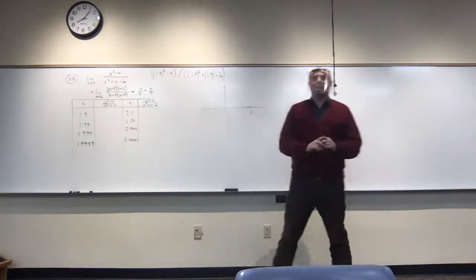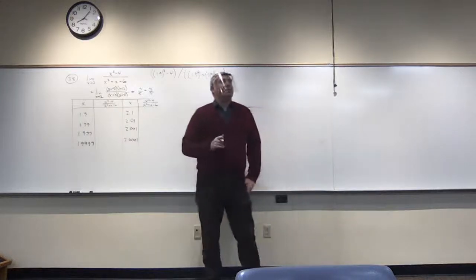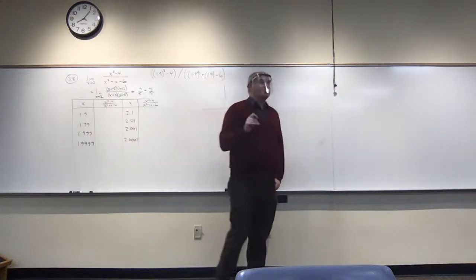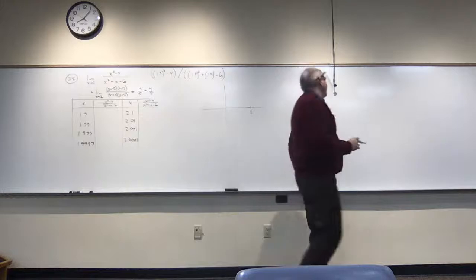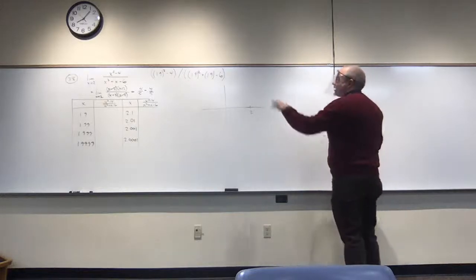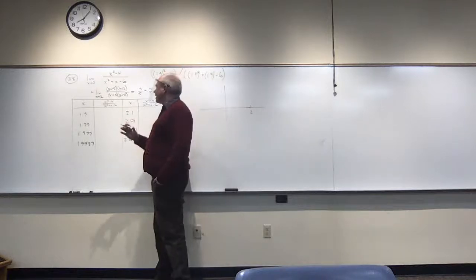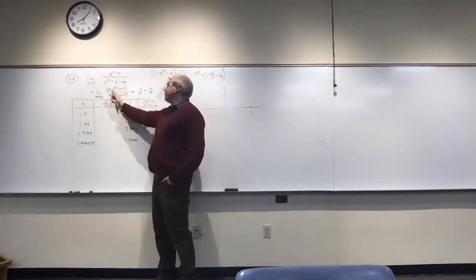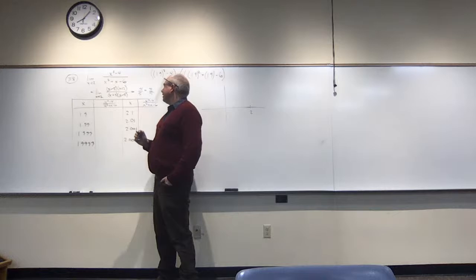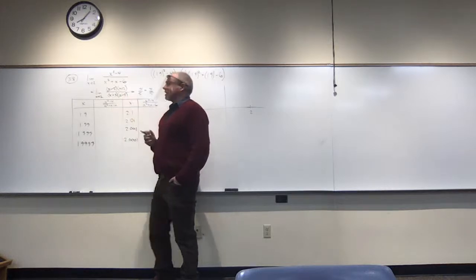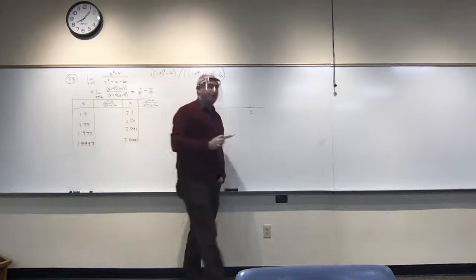Something that I talk about maybe in the lectures online, but it's worth saying one more time, is I did something up here, and it's always scary to do such things. Let me talk to you about this for just a second, since I just did it. I canceled this x minus 2 on the top and on the bottom, right?